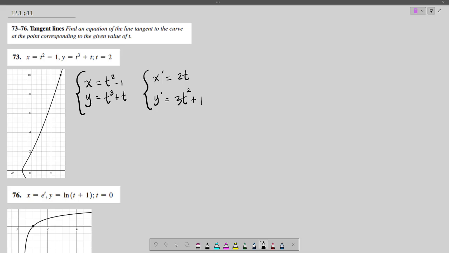Then we can form dy dx. So dy dx will be y prime divided by x prime. So that's going to be 3t squared plus 1 divided by 2t. There's our derivative function. And once again, we notice it's a function of t.